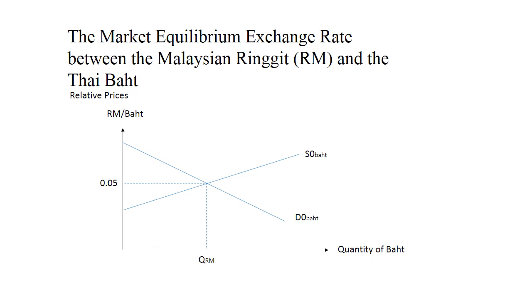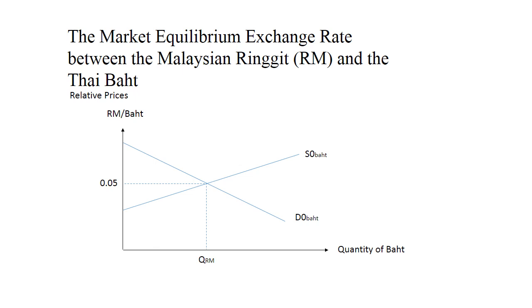Okay, because why? Because if you want to demand Thai baht, it means that you have to supply your ringgit Malaysia, right? So in this case, if the price of goods in Malaysia is higher than the price of goods in Thailand, it means that we Malaysians are likely to buy goods from Thailand, and we do not prefer to buy our local goods.